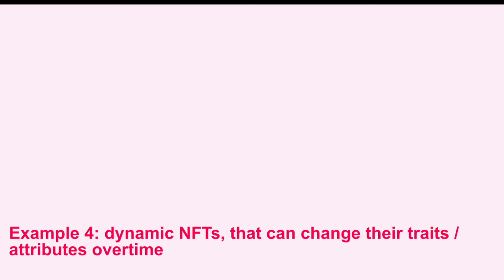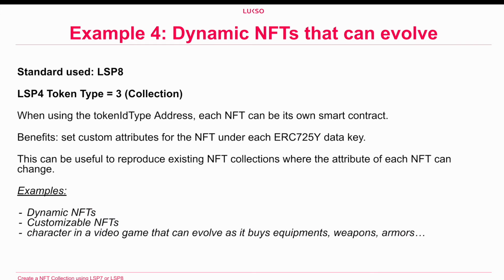Okay, the fourth example is for dynamic NFTs, NFTs that can change their traits and attributes over time. In this case, the combination that we will use is LSP8 plus the number 3 for the token type, meaning we are going to create a collection. So when we do that, each token ID here is an NFT that can be its own smart contract, for example an ERC725Y smart contract, and it can have an infinite amount of entries as data keys to specify specific attributes.